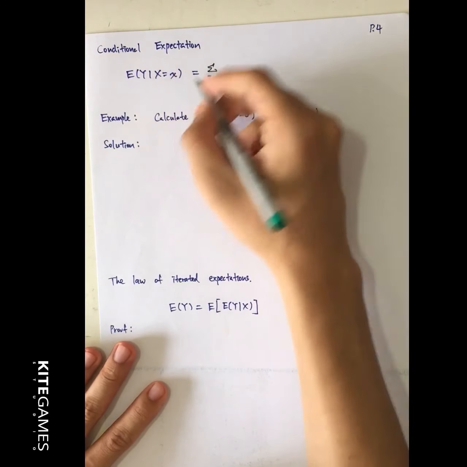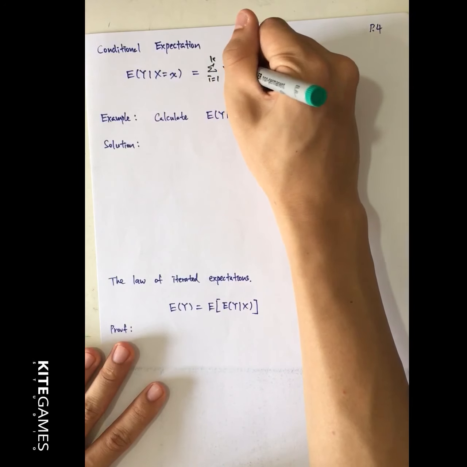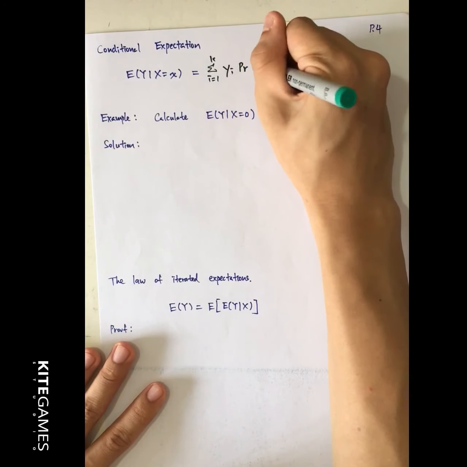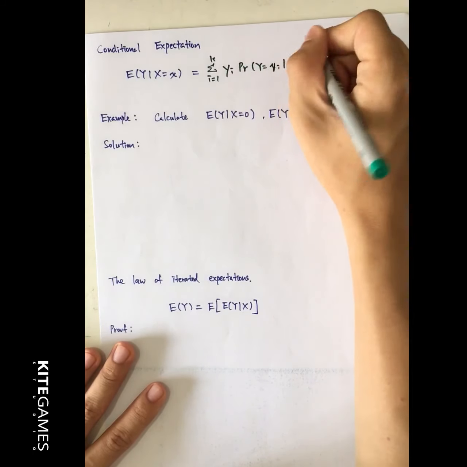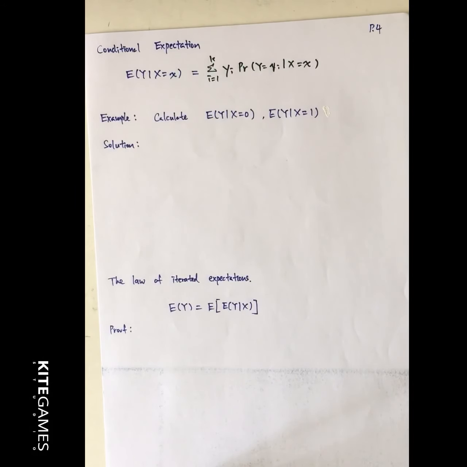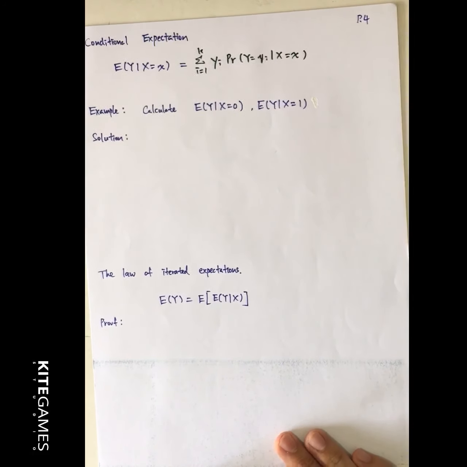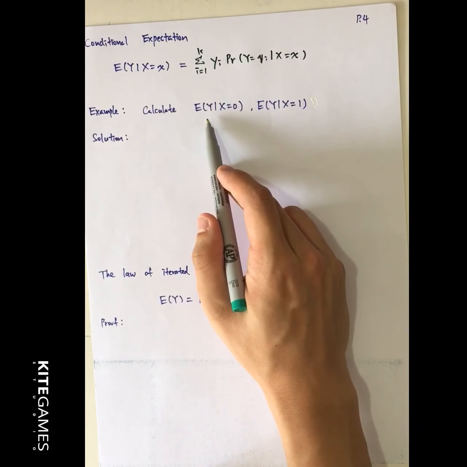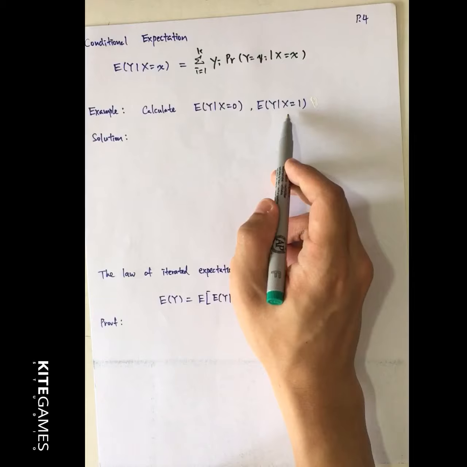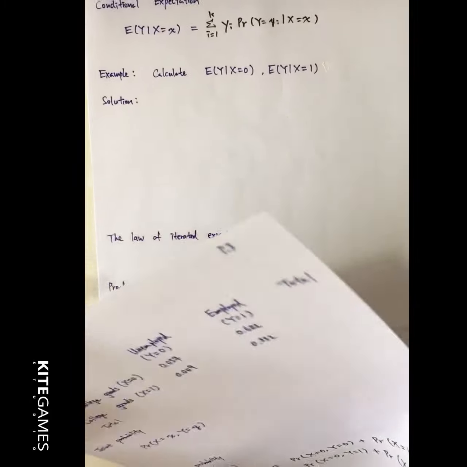Mathematically, it has the terms like this. The expected value of y given x equal to x is equal to the summation from i equal to 1 to k of the value yi multiplied by the probability that y equal to yi given x equal to a certain value. To be more specific, let's take a look at some examples. If I want to calculate the expected value of y given x equal to 0 and the expected value of y given x equal to 1, how can we solve these questions?